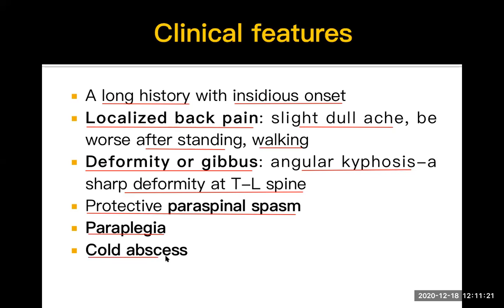And cold abscess is an important feature of tuberculosis. This is a collection of pus in case of tubercular infection, but there are some important characteristic features of that pus. It doesn't have features of inflammation there. It doesn't feel hot. That is a very important feature.